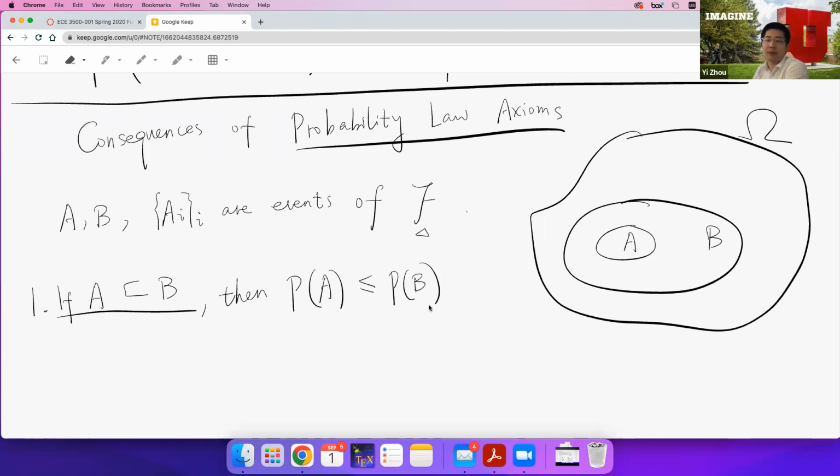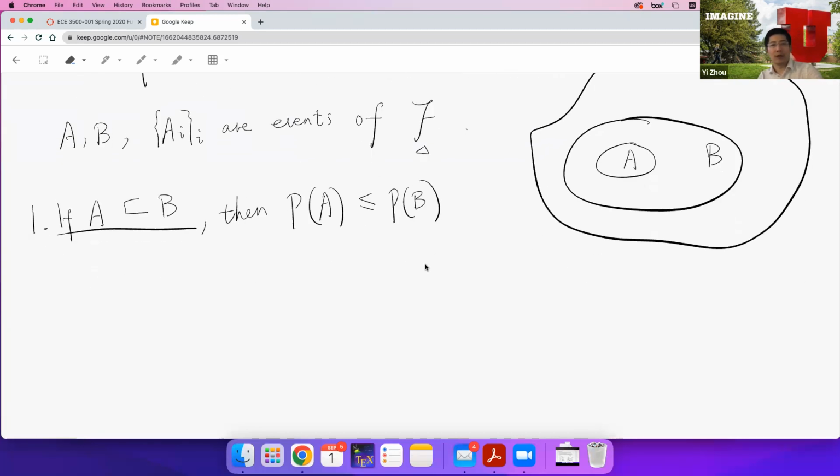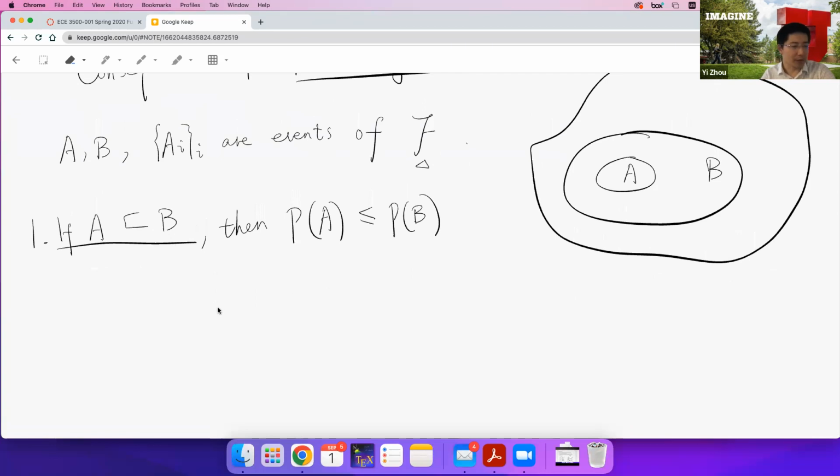If B is a bigger event, then it is more likely to happen. But how do we show this from the axioms of the probability law? You probably will do this in the homework, so I will show this one.